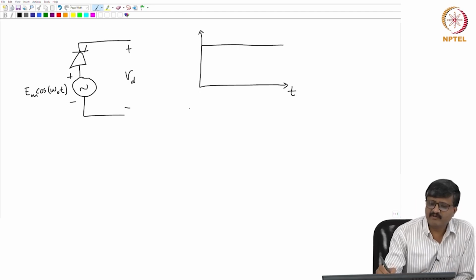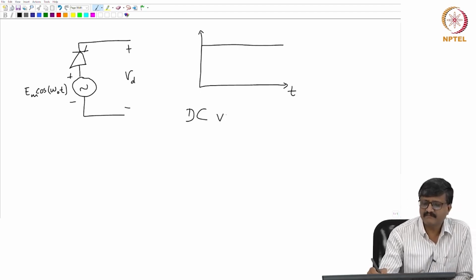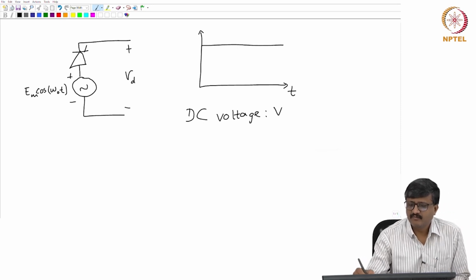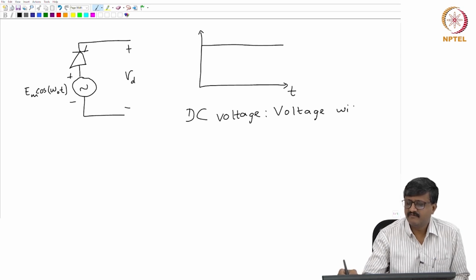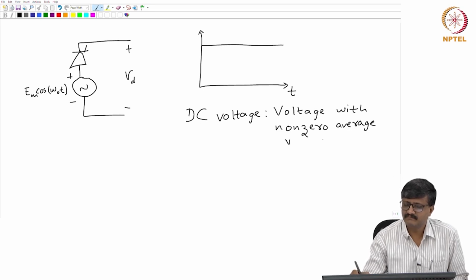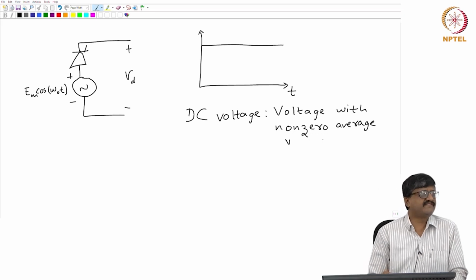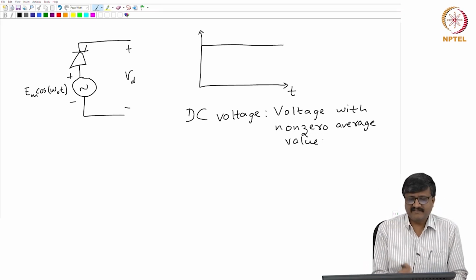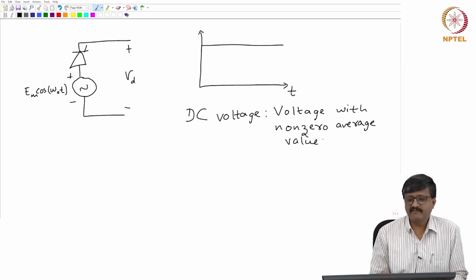So, when I say DC voltage or DC side voltage, what I mean is a voltage with non-zero average value. Of course, the AC side is a sinusoidal waveform, so average value is 0. Okay. So, that is the definition of DC voltage that we will be following in this course.